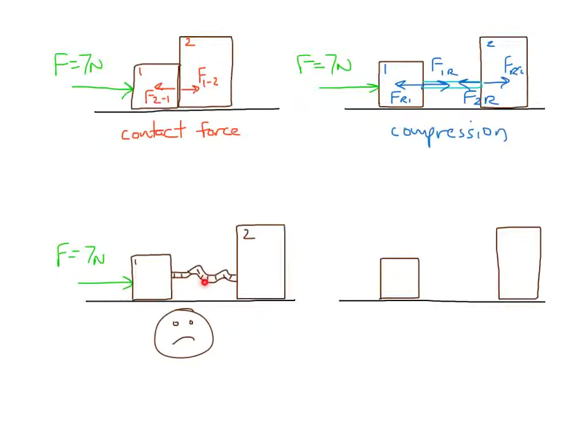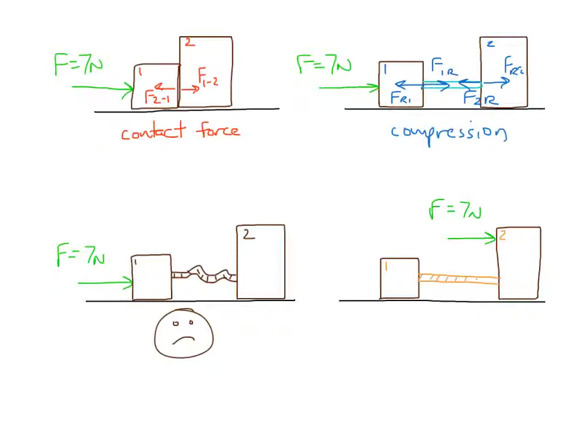If you have a rope between boxes, box 1, oops, I should make that a different color, make this orange. Box 1 and box 2, and you've got a rope between them, and you have a force applied to box 2. The force equals 7 newtons right here. Then the rope will go taut, or that is, it'll go tight.